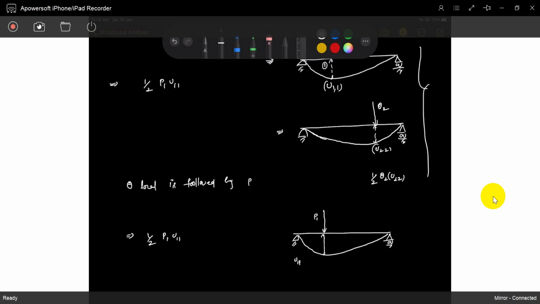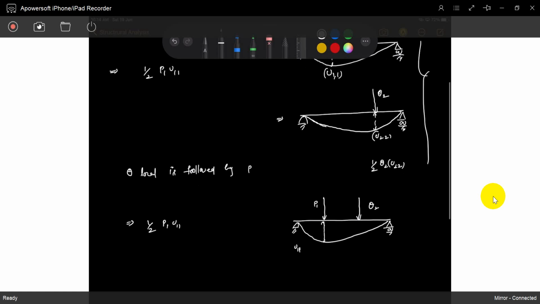Same beam, if you apply the Q load next, the second load, Q2, what will happen?